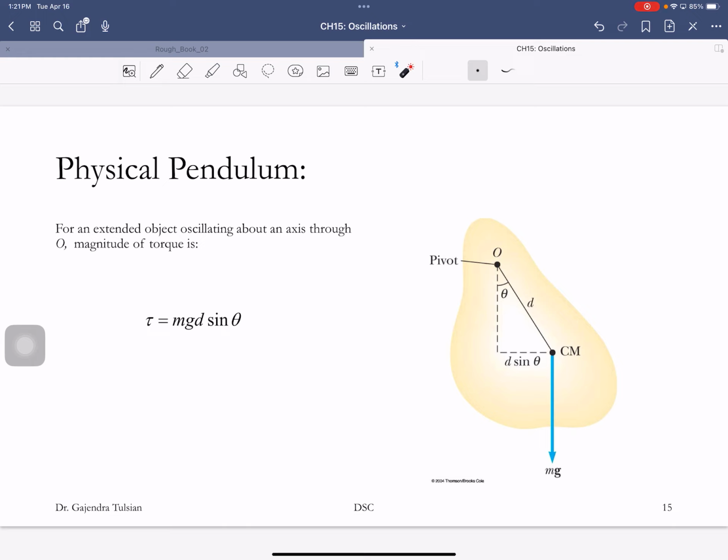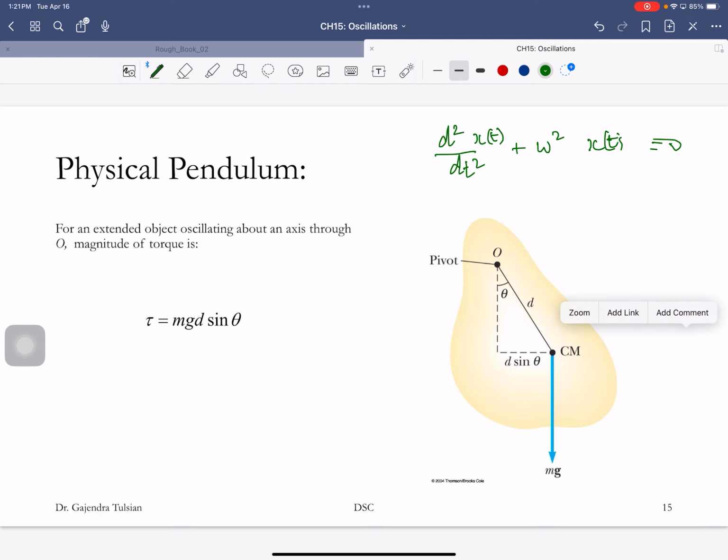So here are four very different looking systems, and they're mathematically modeled by the same differential equation, whatever coordinate you use to measure the configuration of the system.